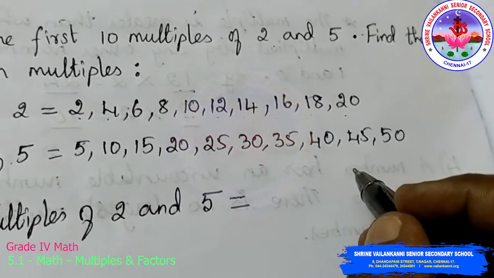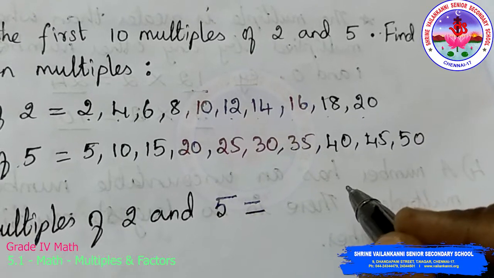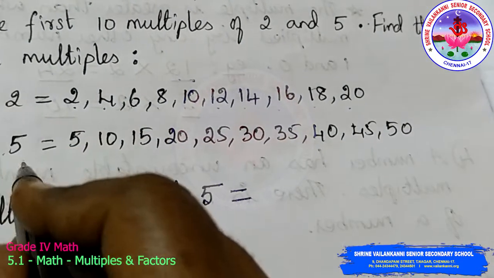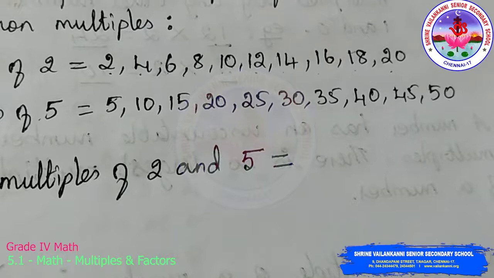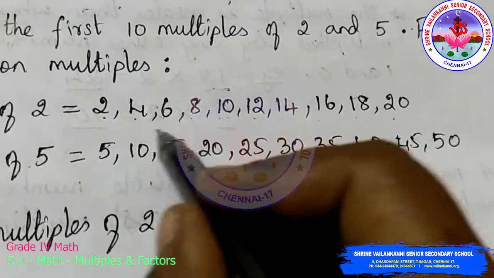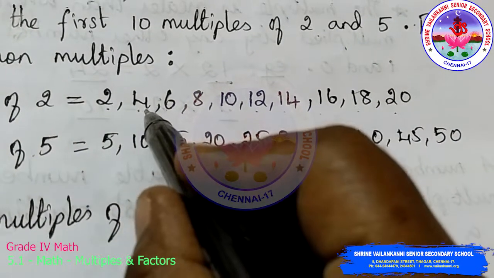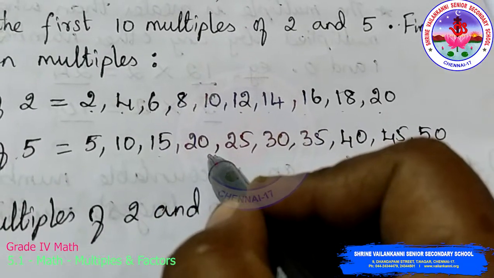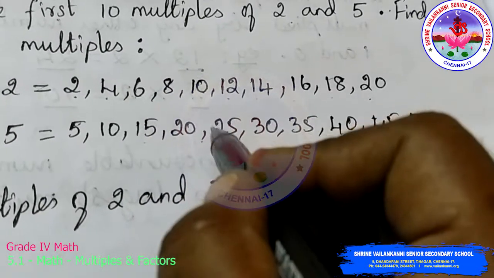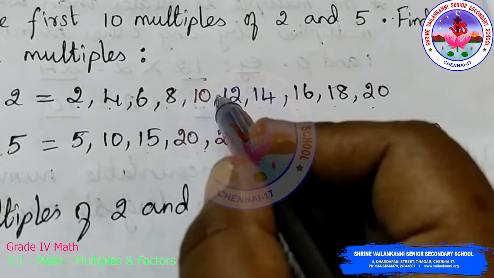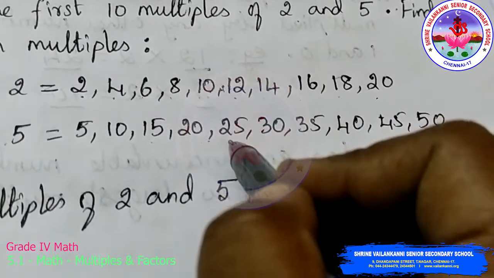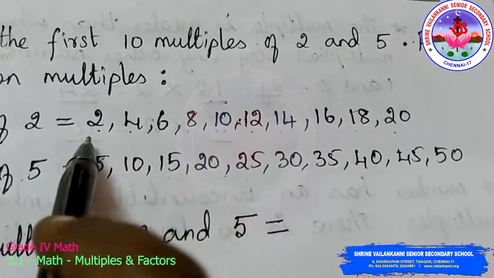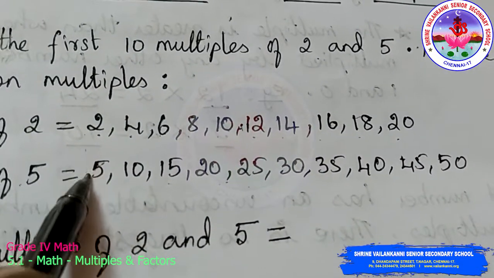So common multiples means nothing but this: you have to compare the multiples of 2 and the multiples of 5. Whichever multiples are equal, that is common in number 2 and common in number 5. So just compare which number is common.